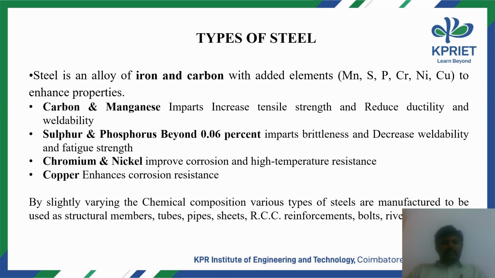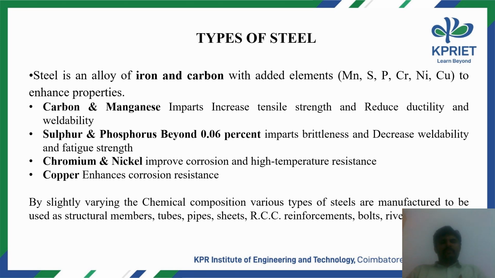So first one is carbon. The function of carbon and manganese is to increase the tensile strength of the steel. Also it will reduce the ductility. In addition, sulfur and phosphorus beyond 0.06 percent impart brittleness and decrease weldability and fatigue strength.